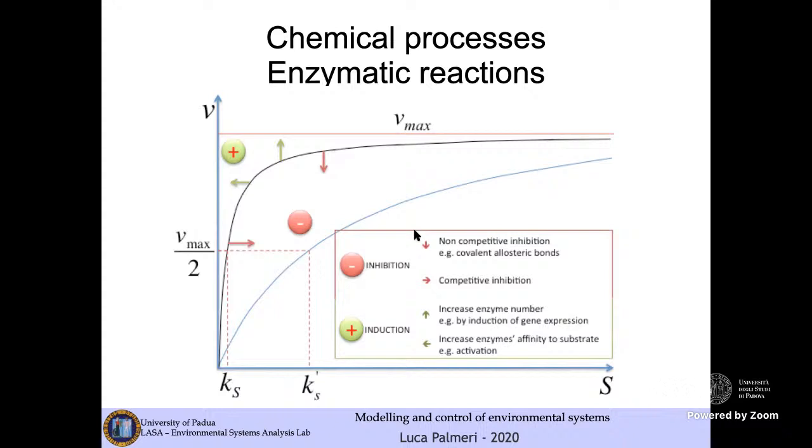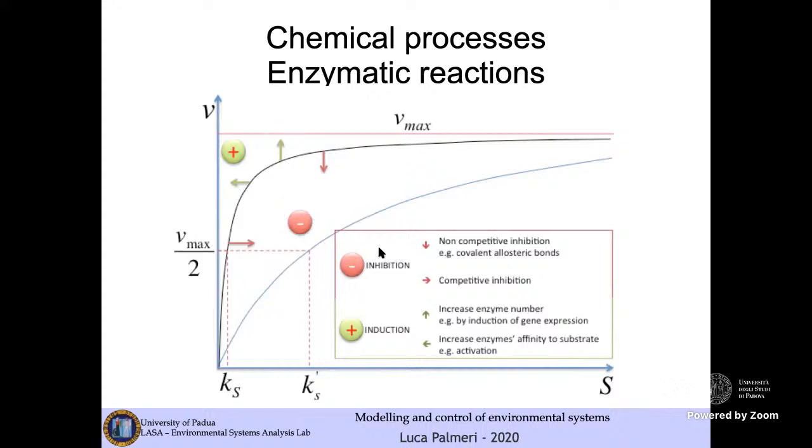Different is the case for induction. For induction, you have, for example, an increase in enzyme number, which may increase the speed of reaction. This is why we call it induction. Or an increase in enzyme affinity to the substrate is a way of pushing back the Michaelis-Menten curve so that the saturation value is reached more quickly.